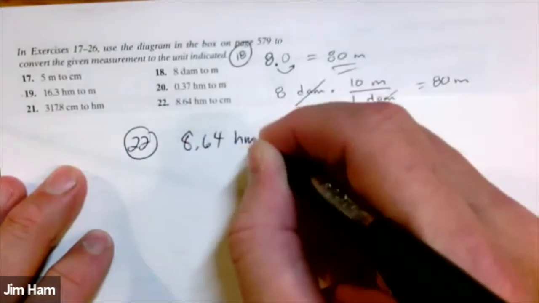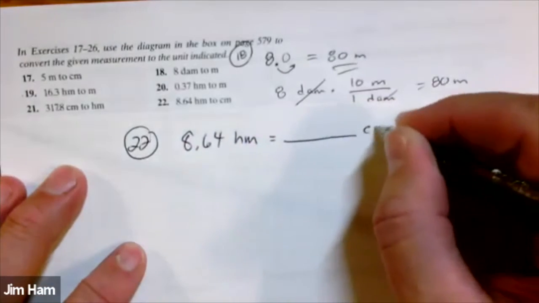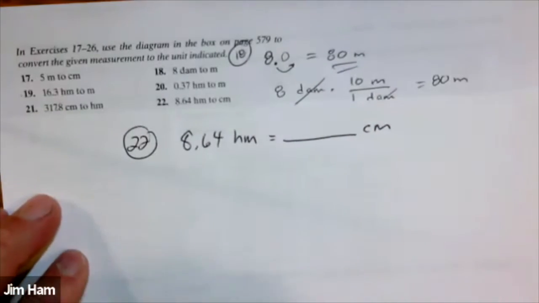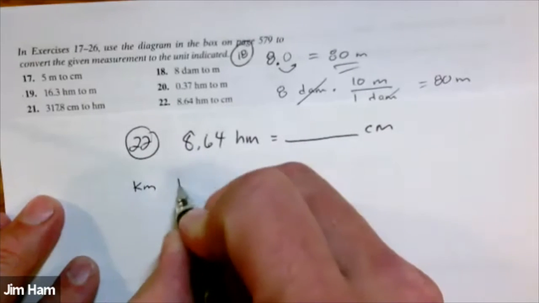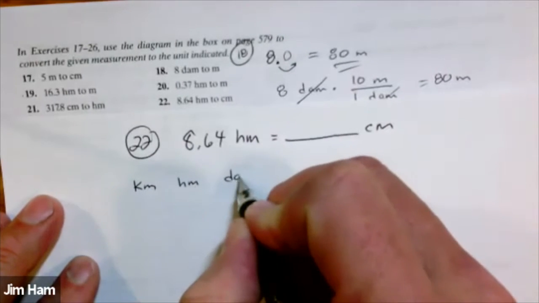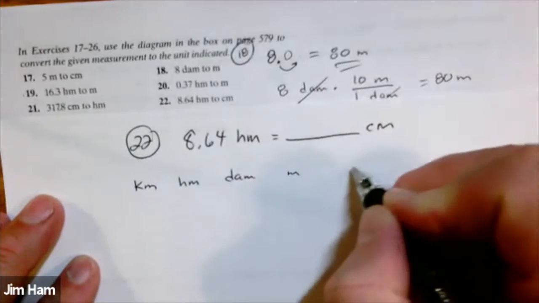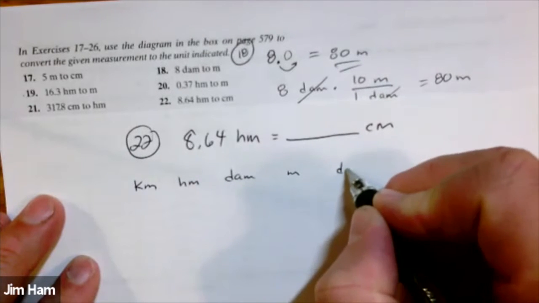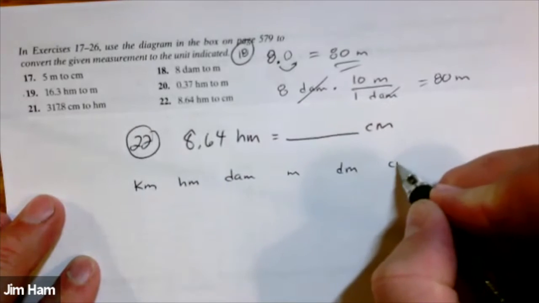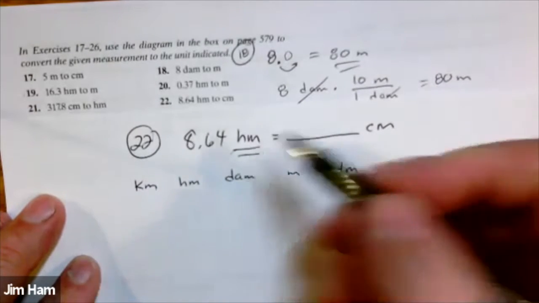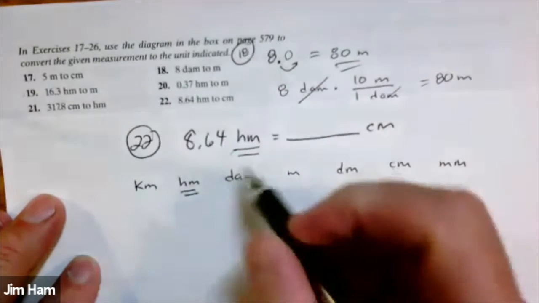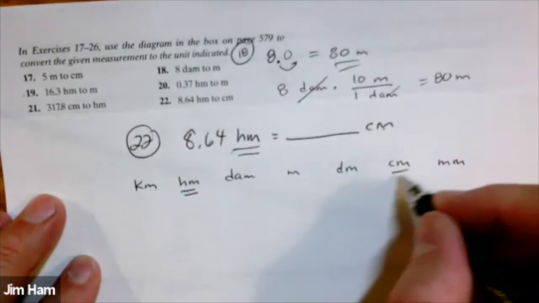8.64 HM is equal to how many CM? So memorize these units: kilometer, hectometer, decameter, then meter, decimeter, centimeter, and millimeter. So we're starting with hectometer right here, and we're moving to centimeter, which is down here.